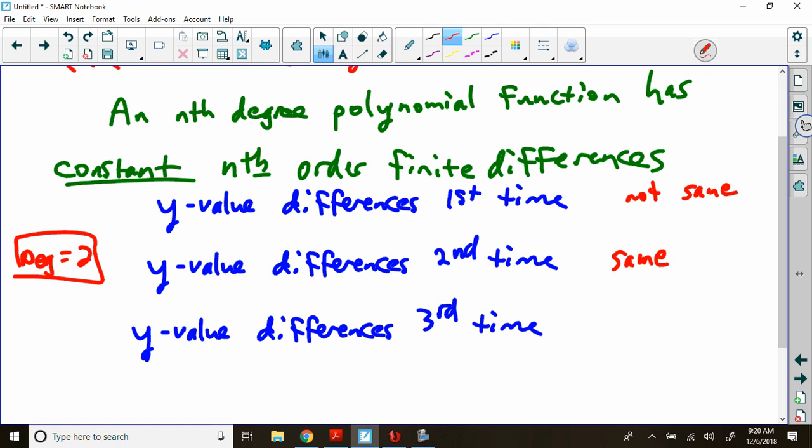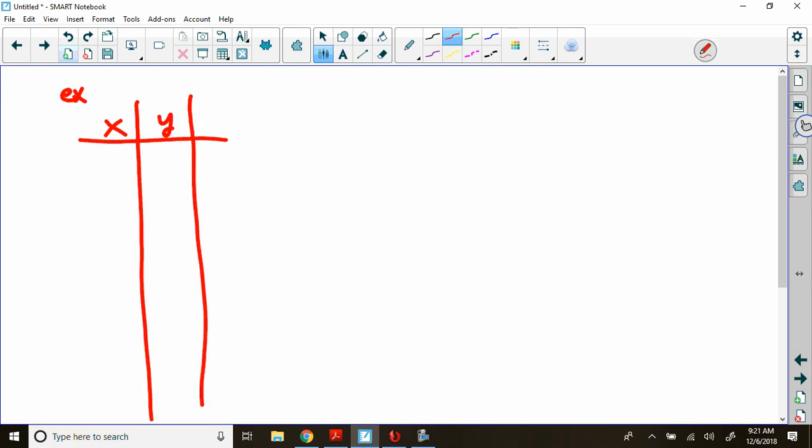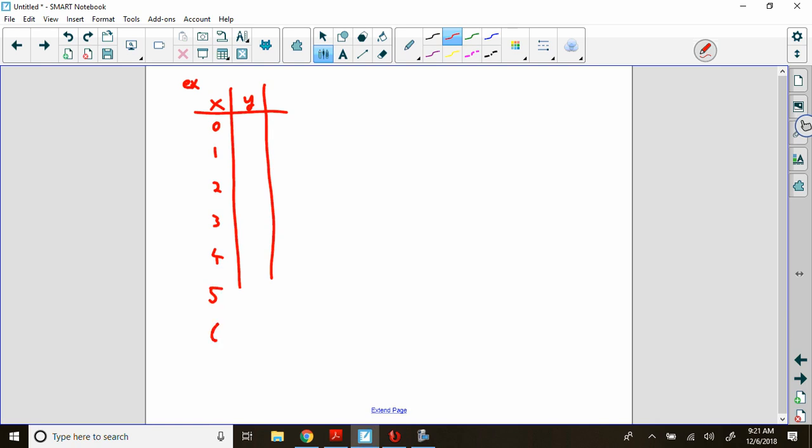So I've got a polynomial. I'm not going to tell you the degree. But here it is, example. Here's my table, x and y. So I'm going to go 0, 1, 2, 3, 4, 5, 6.